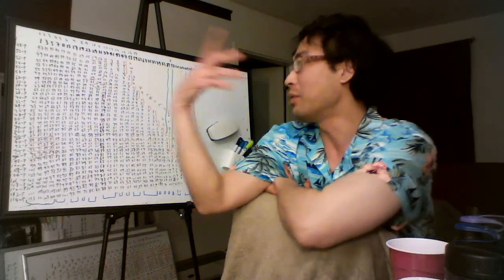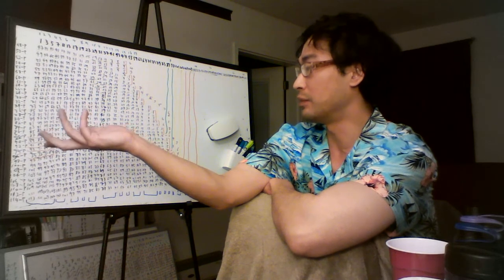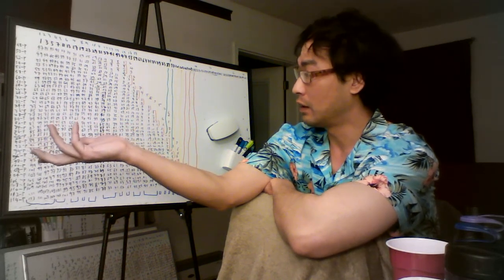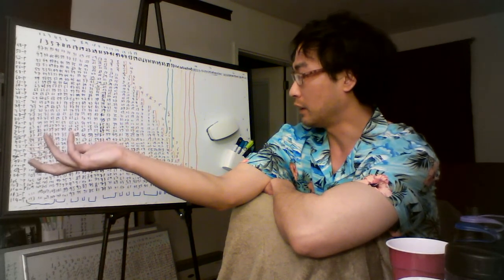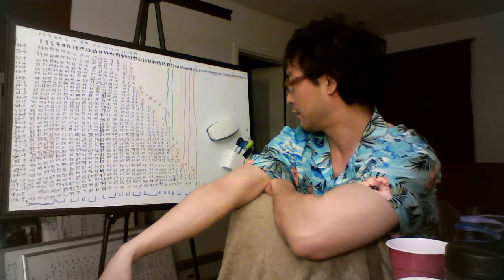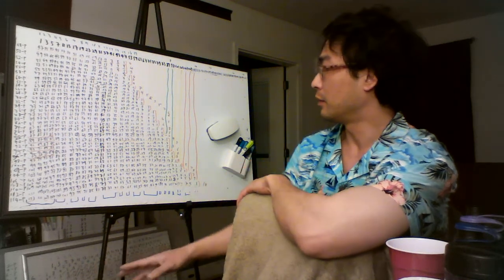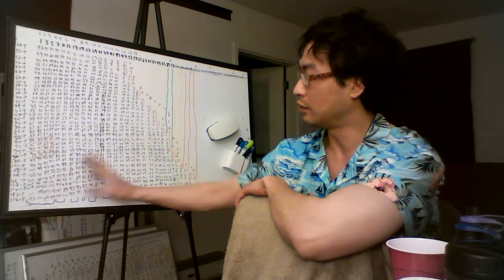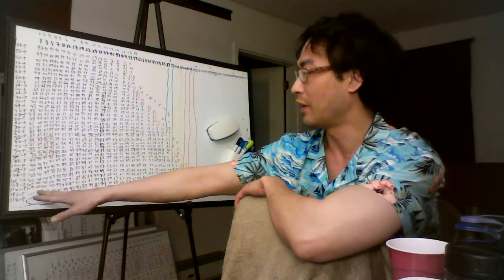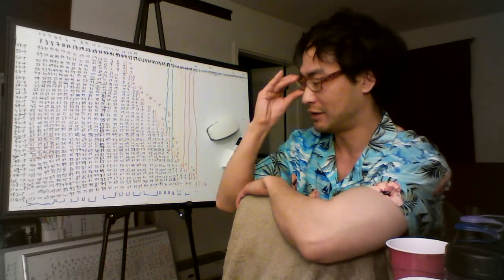And as numbers get bigger and bigger, primes become rarer and rarer. Because the beginning part of this triangle has fairly big numbers, right? Because one started way up there, right?